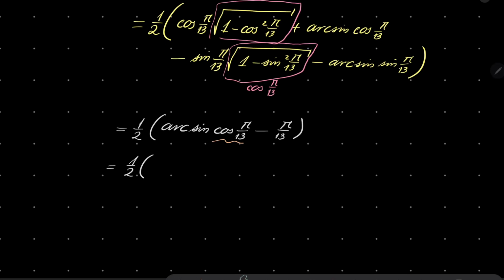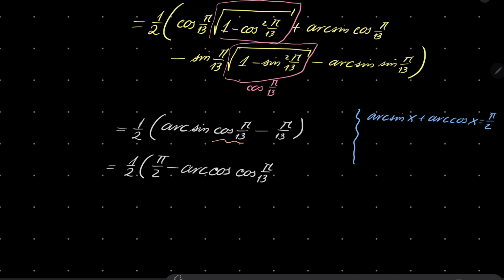And now, what is arc sine of this number? Well, now this identity comes in handy, that arc sine of x plus arc cosine of x equals always pi over 2. Which means that I can replace arc sine of cosine by pi over 2 minus arc cosine of pi over 13.